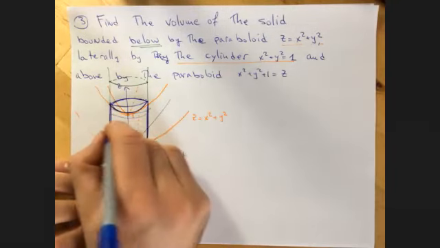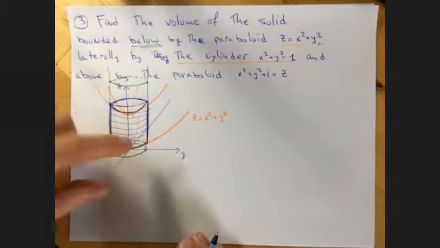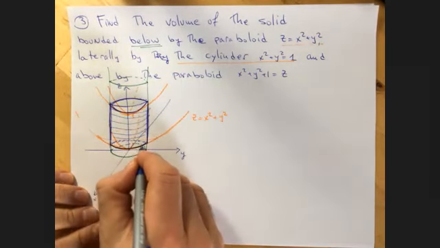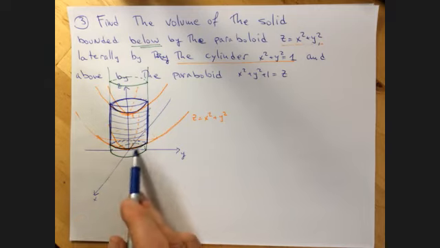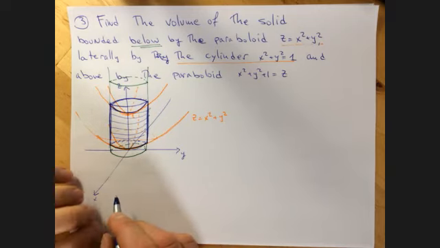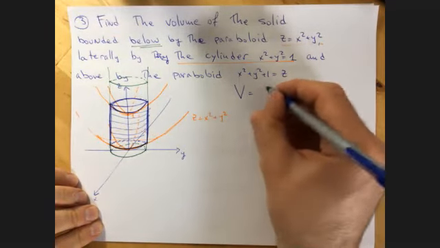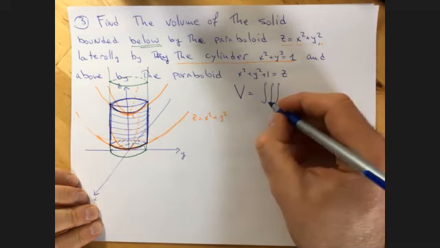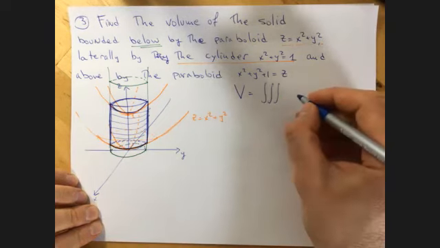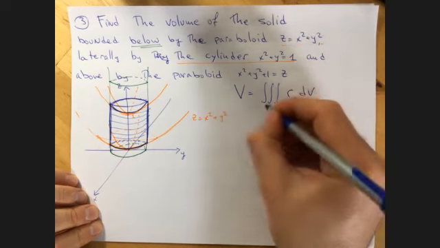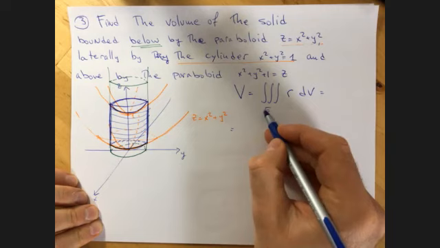So it's basically a cylinder that has indentation on top, and then it has this paraboloidal part, which I don't even know if it's a word, in the bottom. Okay, so the volume in cylindrical coordinates is this r times dV over the region E. We're gonna find these bounds very soon.